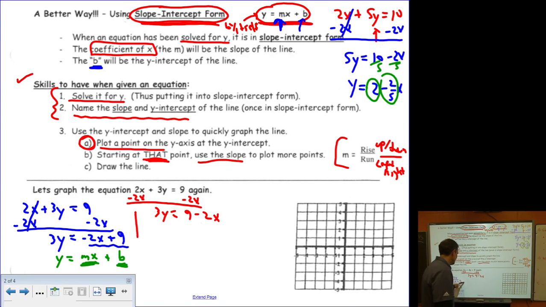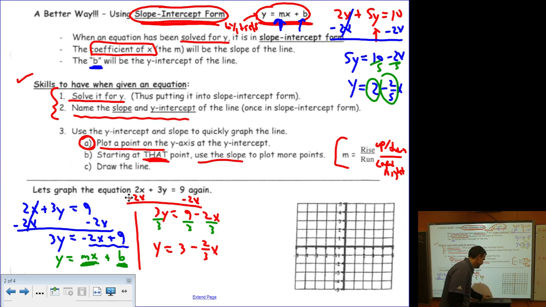All right, finishing off this equation, I would be dividing everything by 3, and I would end up with y equals 3 minus 2/3 x. That is now in slope-intercept form, and I can say that the number here is the y-intercept, and the number in front of the x, the coefficient of x, is the slope.